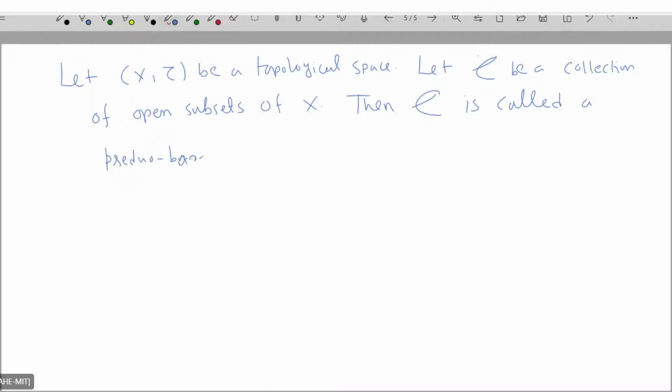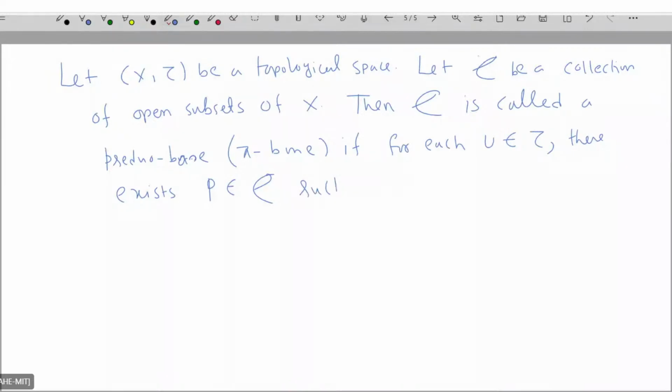But in general, we don't use this word nowadays; we say pi base. If for each Q belongs to tau, there exists an element P from the collection such that P is inside of Q.